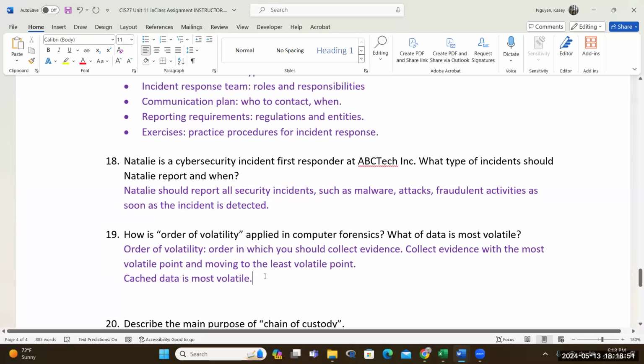When we open things or shut things down, it changes the system state. So when you're doing forensics on a system, if that system is on, do not shut it down. We want to capture that system in its state because there might be things that are running or things that are retained in a certain memory location.